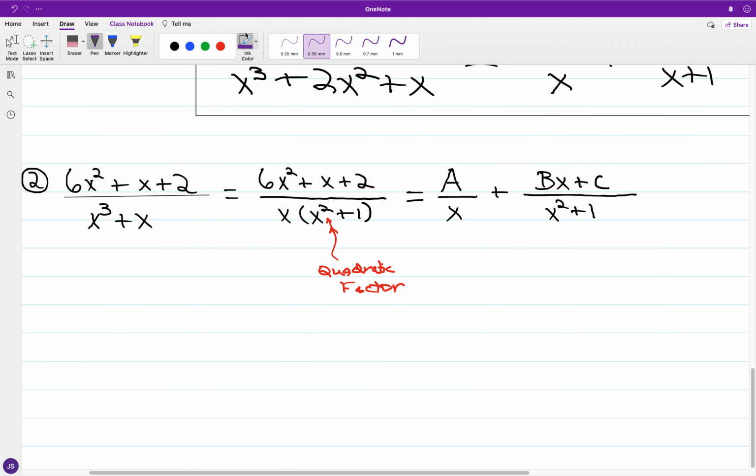Let me give you an example. If I have something like x plus 1, and say we have x times, and we'll say 3x cubed plus 4x plus 7.